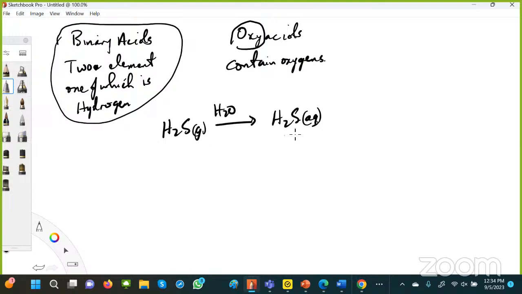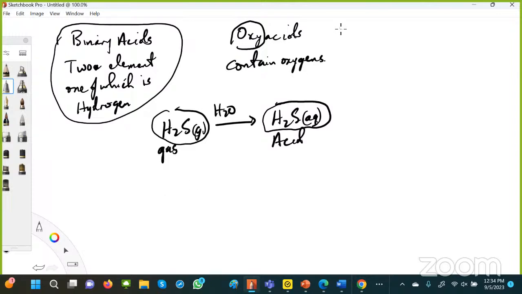So this is your gas, and this now is considered to be an acid, because it's now in an aqueous solution. So the name that we would give to the gas by itself would be different from the name given to the gas which is now dissolved in water. Now the solution becomes an acidic solution.